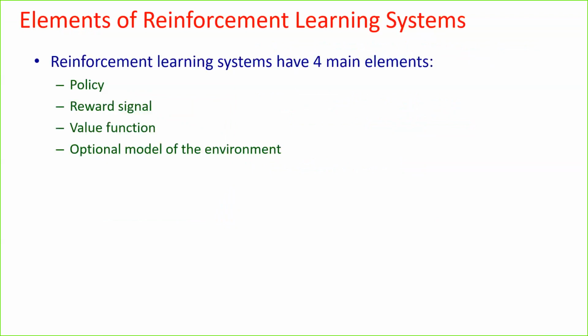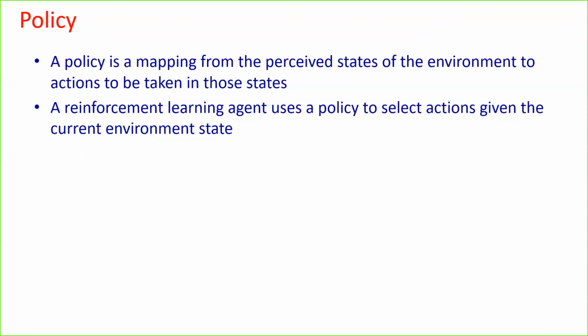So policy defines the mapping of the perceived state of the environment to the actions to be taken in those states. It means it is perceiving and understanding the state of the environment, and then it is trying to map this state to the action to be taken in those states.